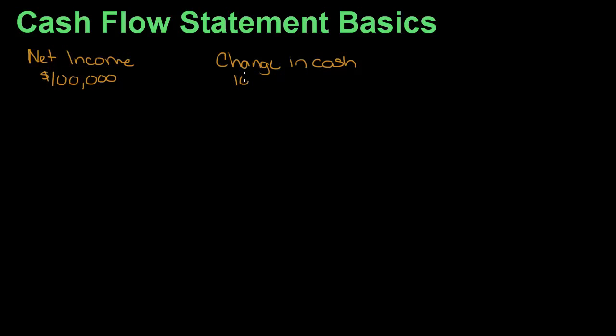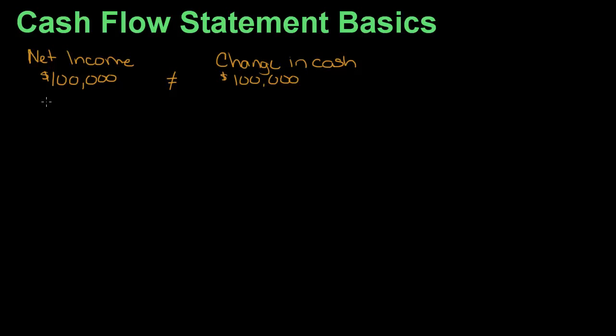Why wasn't my change in cash $100,000? These items do not equal. So what we're trying to do with the cash flow statement is answer that question. Why is my net income one number and my change in cash a different number?